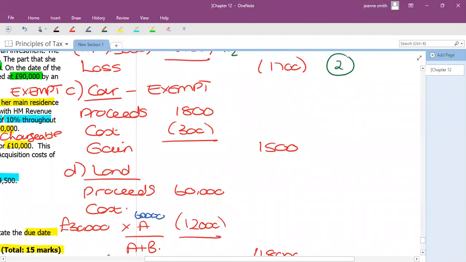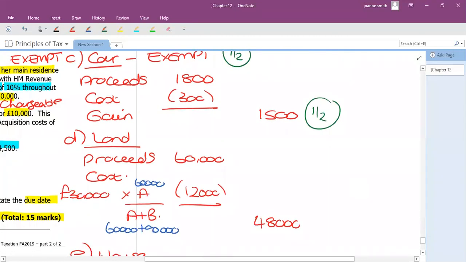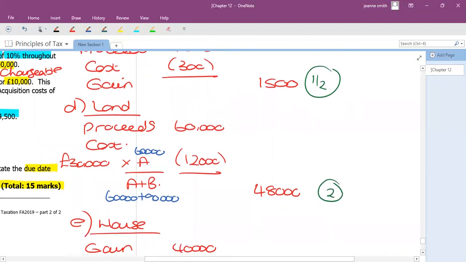For the car, half a mark for knowing that was exempt, and half a mark for knowing that you got to tax the number plate. So if you didn't know about the number plate, you said it was all exempt, you'd have still got half of it right. For the land, this is slightly more complicated, and that was 2 marks. So that would be proportionately reduced depending on what mistakes you've made with your formula.